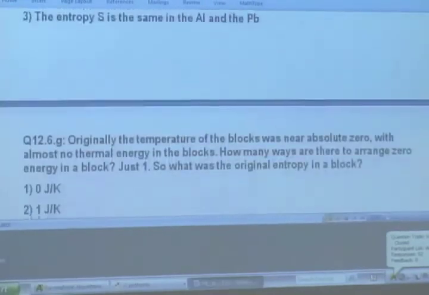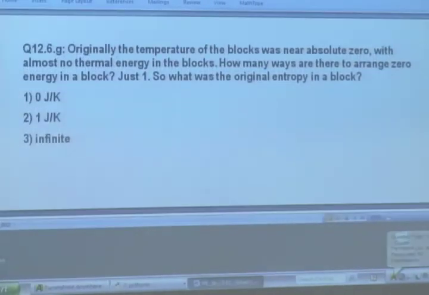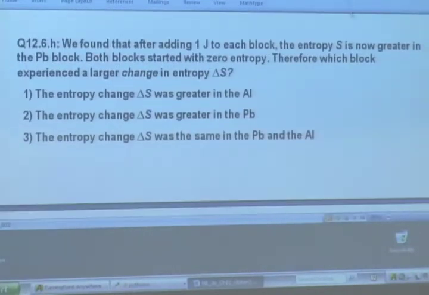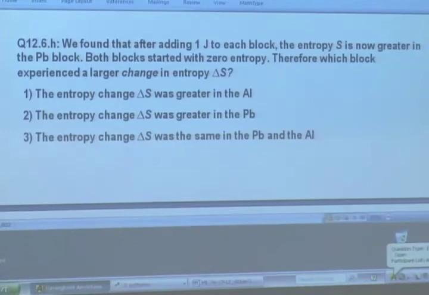And so the initial entropy was 0 because we hadn't added any energy, right? So here we go. The lead block has greater entropy, so which block had a greater delta S?